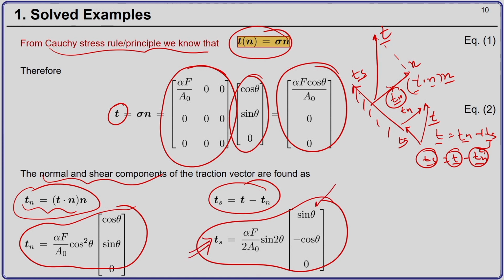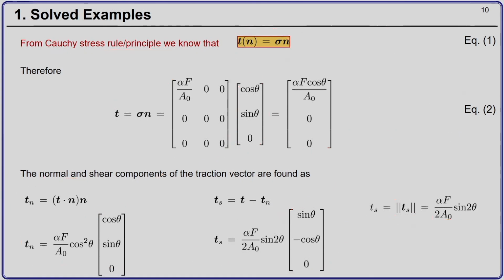Now, if T_s changes with theta, then certainly there is a value of theta for which T_s acquires a maximum value. So, I first need to find the magnitude of T_s, which is the norm of T_s, and that is nothing but alpha F by 2A_0 sin 2 theta. Okay.